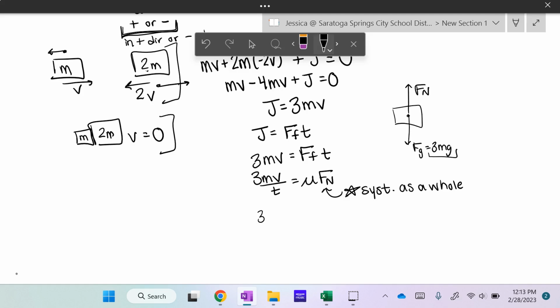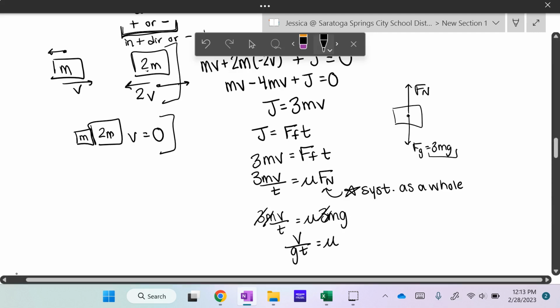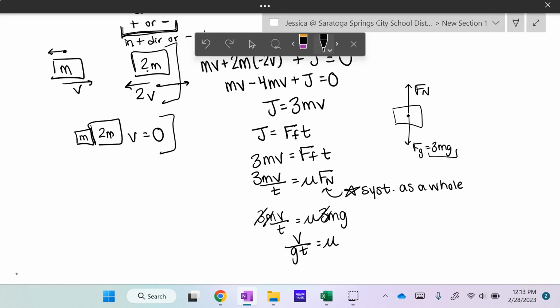So my normal force would be 3mg. Okay, so the 3's cancel, the m's cancel, I can divide by g. So there is my coefficient in terms of v, g, and t. Right now that seems pretty meaningless, but if we had numbers, it would make a little bit more sense.